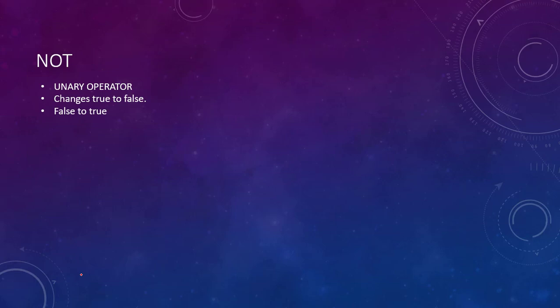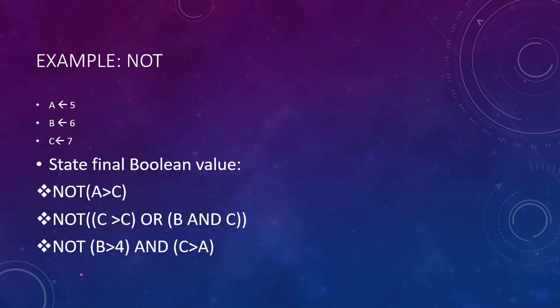Now the NOT operator is a unary operator, same as the NOT gate. It changes true to false and false to true. Now some examples of NOT statements that we have seen and how they apply. So A is 5, you evaluate this expression first, get the Boolean value it returns, and then do the reverse.